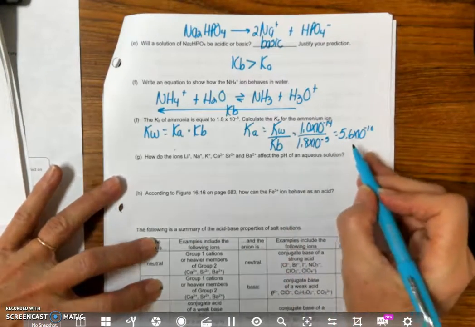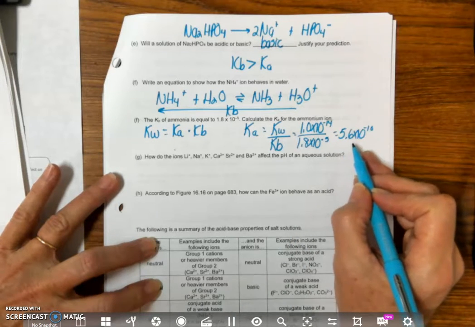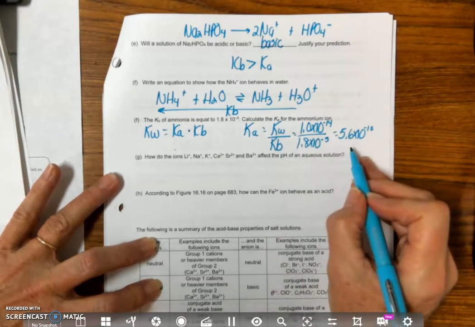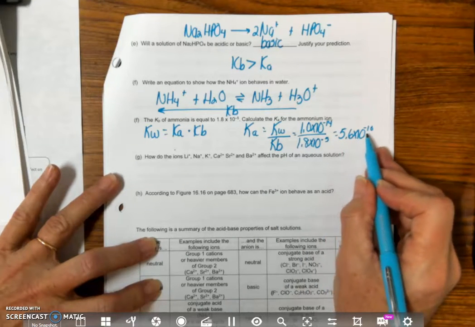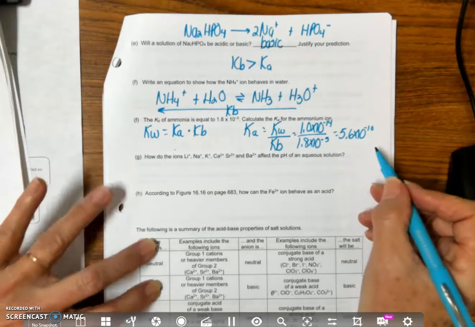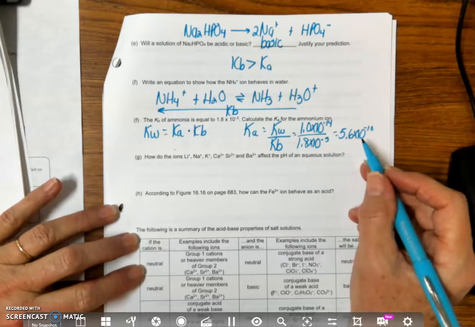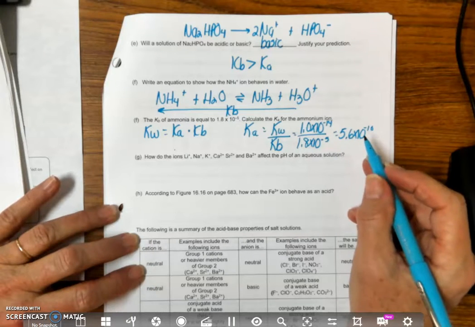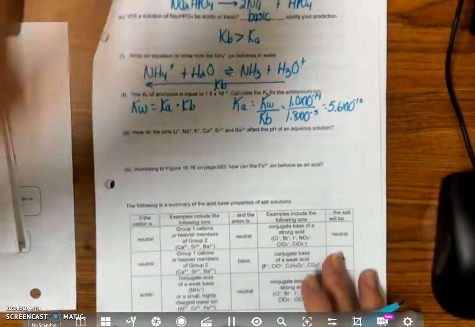So in this case, the Ka for the acid is 5.6 times 10 to the minus 10. What that means is NH4 plus can act like a very, very weak acid. All right, so we're going to hit the pause button on that. We're just collecting data here.